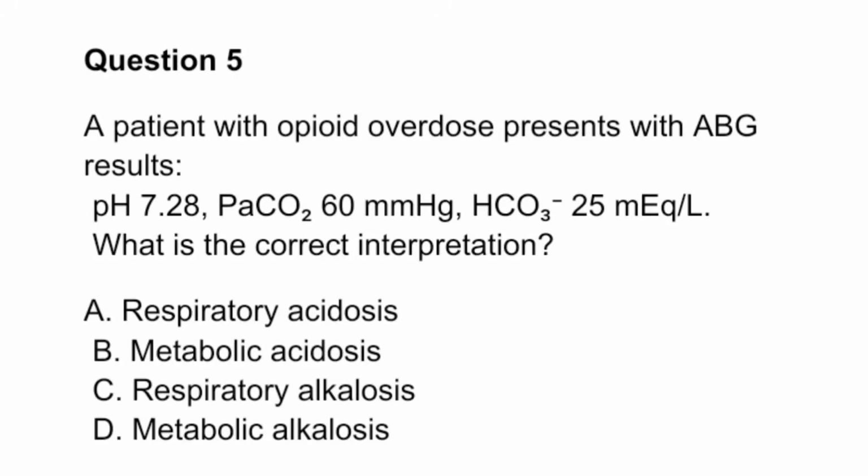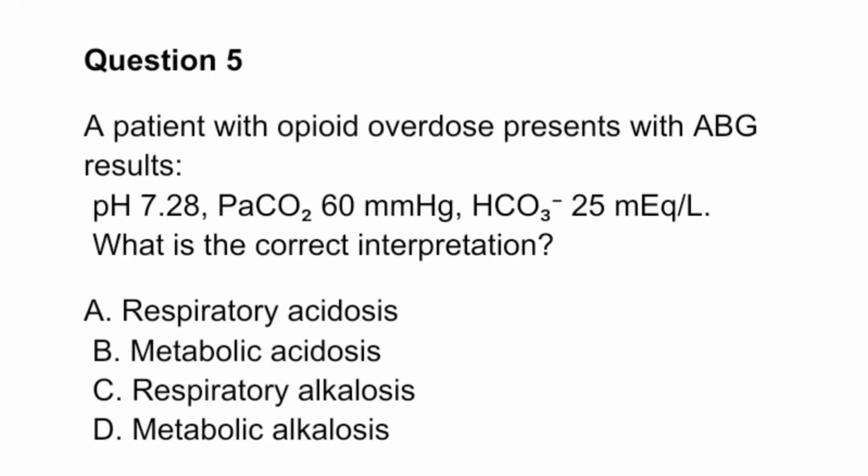Question 5. A patient with opioid overdose presents with ABG results pH 7.28, PaCO2 60 mmHg, HCO3- 25 mEq/L. What is the correct interpretation? A. Respiratory acidosis. B. Metabolic acidosis. C. Respiratory alkalosis.